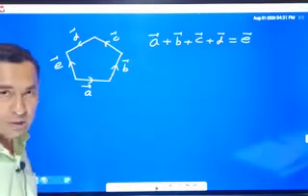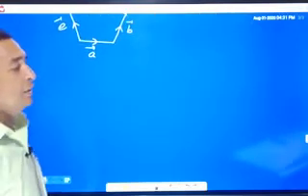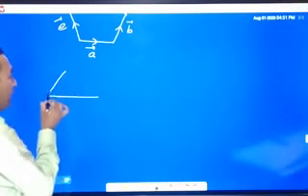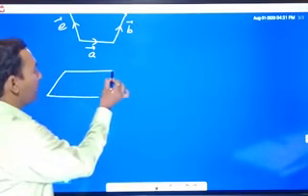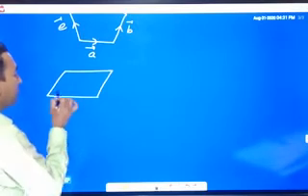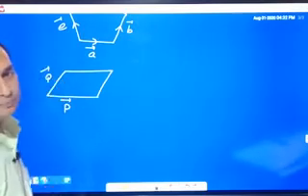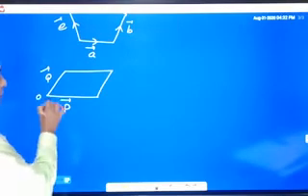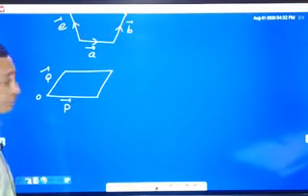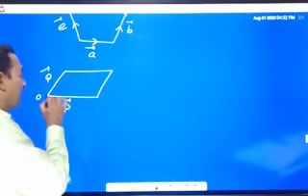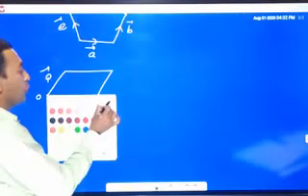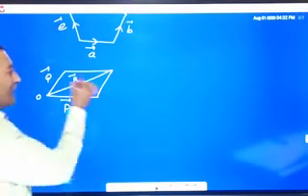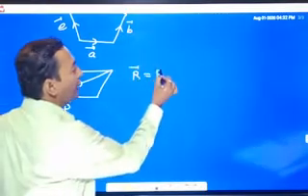Okay, dear students. Then the third law of vector addition is the parallelogram law of vector addition. In this we take a parallelogram, and two vectors are represented by the adjacent sides of the parallelogram. P and Q have a common point. Then the resultant is equal to the diagonal passing through the common point of these two sides, R. This diagonal is equal to the resultant of these two vectors.